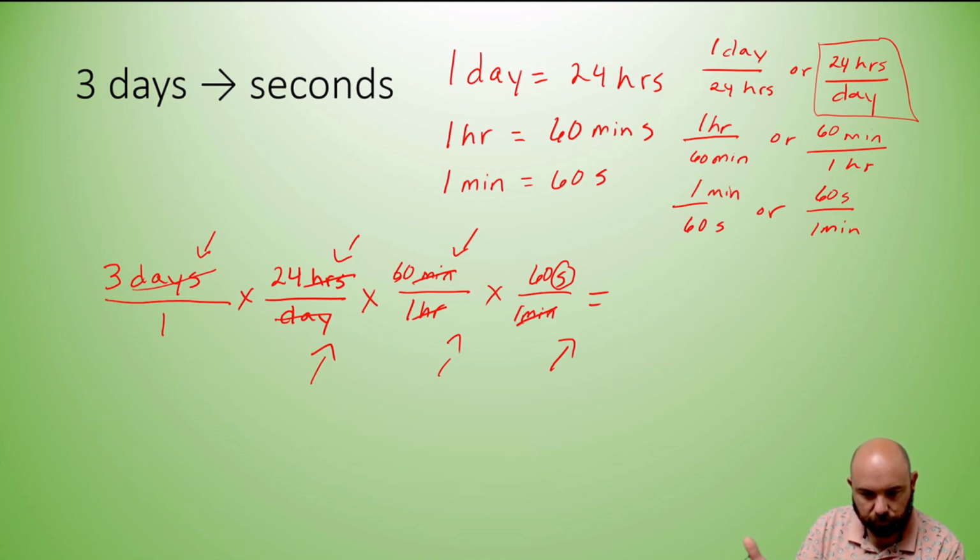So that would be whatever our answer is divided by 1, which would be itself. And when we punch that in the calculator here, we see that number comes to 259,200 seconds. And so there are 259,200 seconds in 3 days.